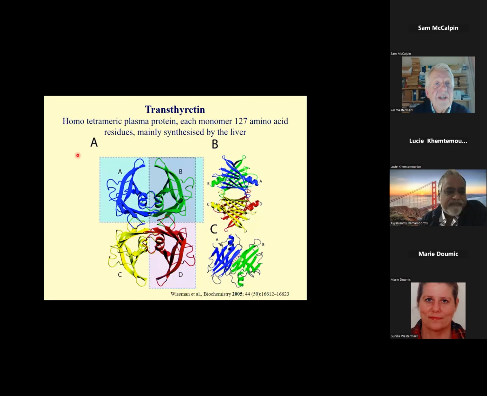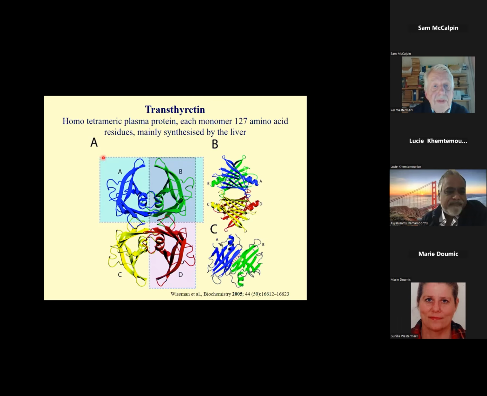TTR, transthyretin, is one of the main systemic amyloid proteins. It's produced by the liver as a homotetrameric plasma protein, and each monomer consists of 127 amino acid residues.